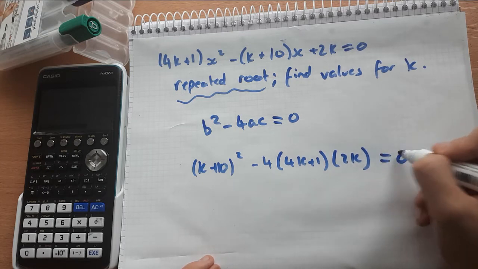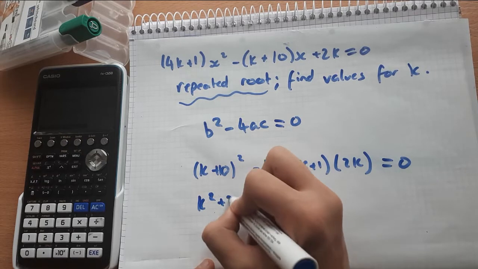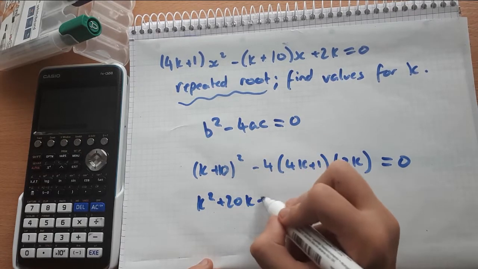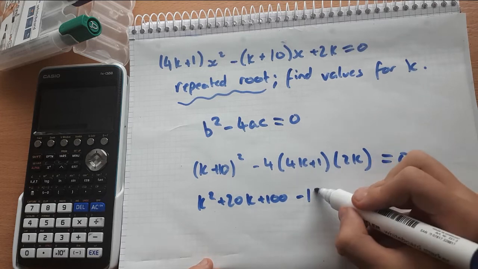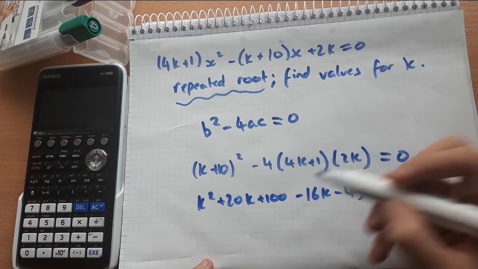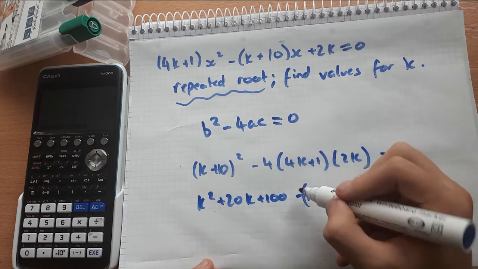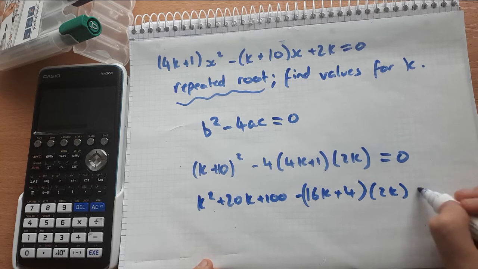We're looking for this to equal 0, so now we expand. k squared plus 20k plus 100 minus 16k minus 4, and then that's upon 2k equals 0.